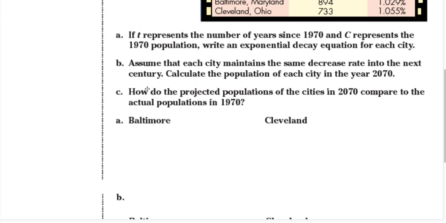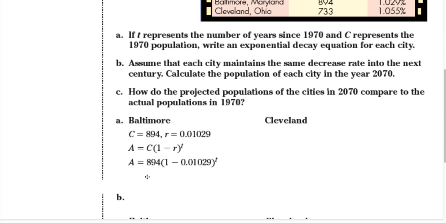In Baltimore, your C is equal to 894. Your R is your rate of decay, which is 0.01029, the decimal of 1.029%. Our formula for exponential decay is C times the quantity 1 minus R raised to the T power, and then we simply substitute that.